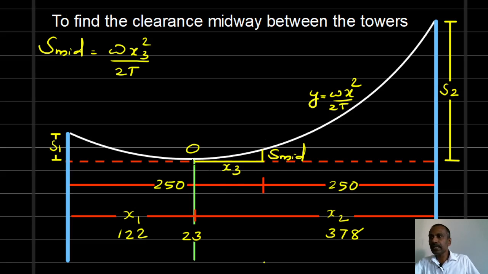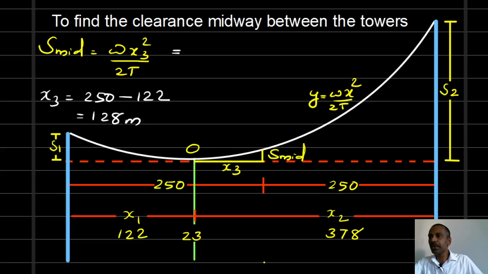And this x3 is equal to 250 meters minus this distance, 122. So x3 is equal to 250 minus 122, which is equal to 128 meters.